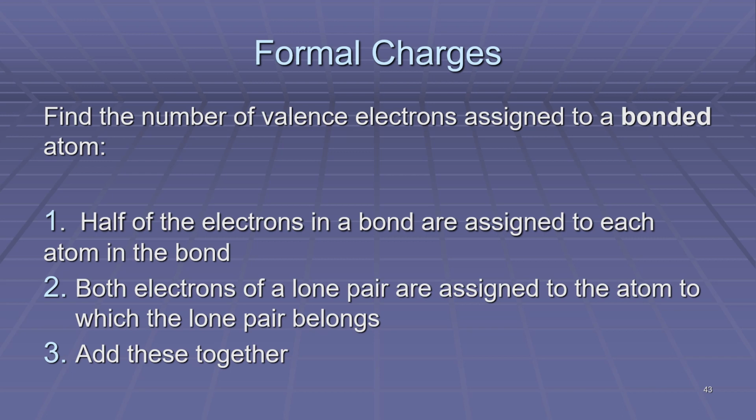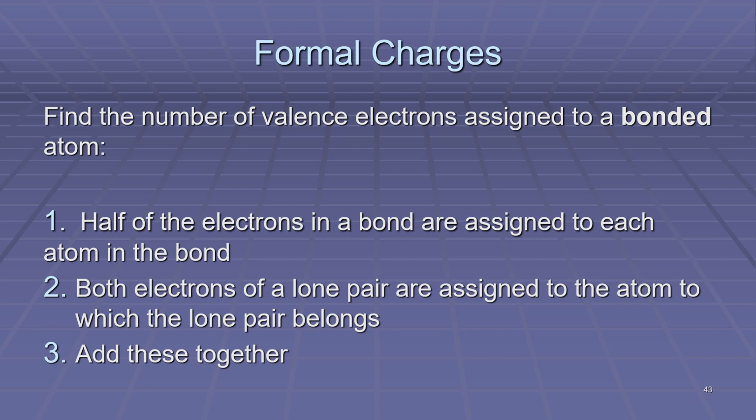To find a formal charge, basically what we're trying to find is how many electrons are assigned to the bonded atom. To do that, we take half of all the electrons that are bonded. So if you've got a bond, 1 electron goes with each element. And if you've got an unshared pair, both of those electrons stay with the atom to which they belong.